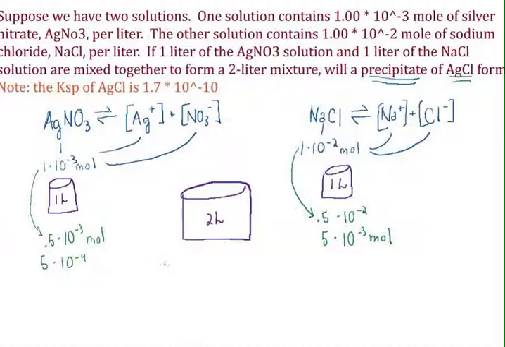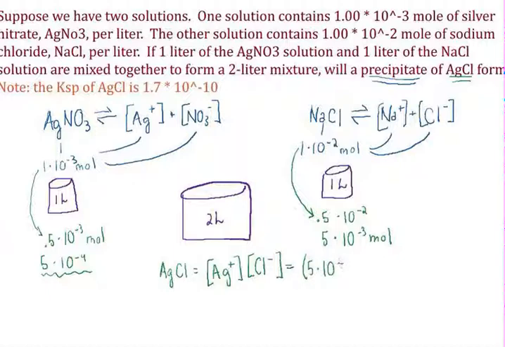For AgCl, we would need the current concentration of Ag and the current concentration of Cl. The current concentration of Ag we know is 5 times 10 to the negative 4.